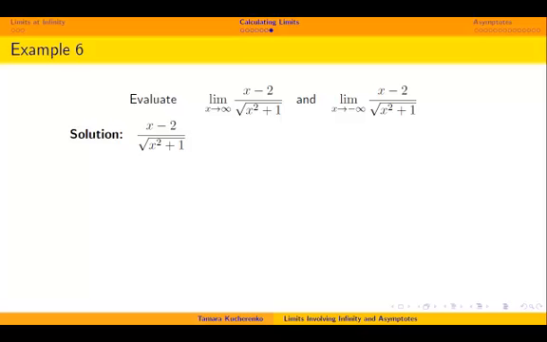However, there is a square root in the denominator, which makes things more complicated. If we look at the expression under the radical, the highest power of x there is x squared. Let's try to factor out x squared from under the radical and see what happens.